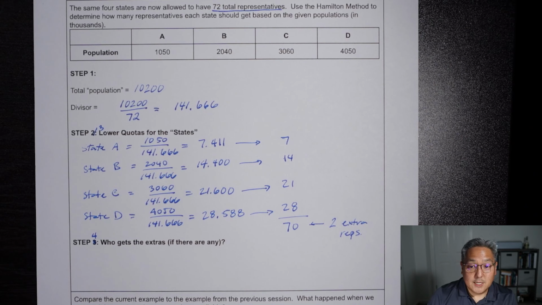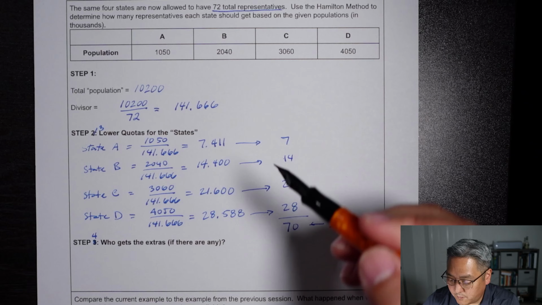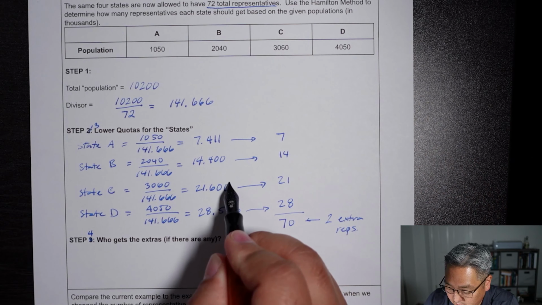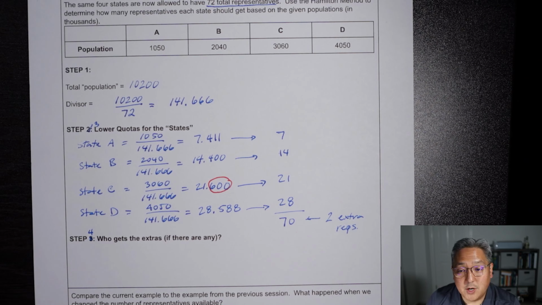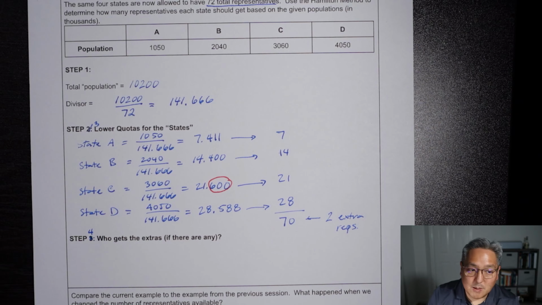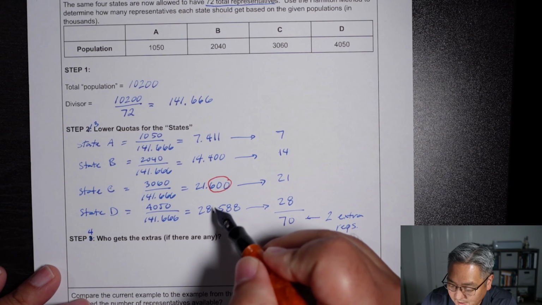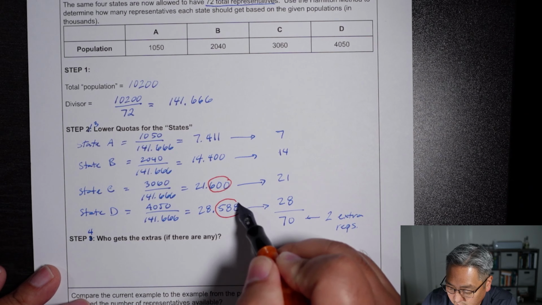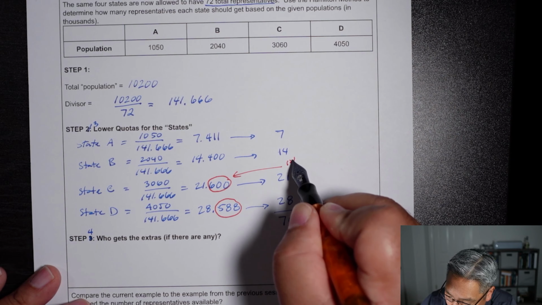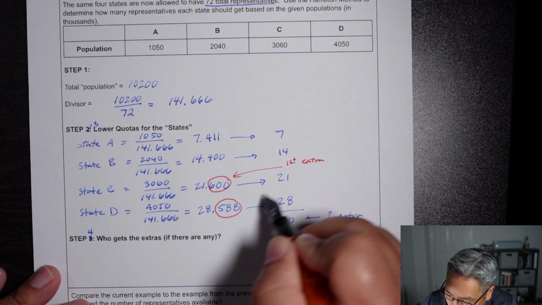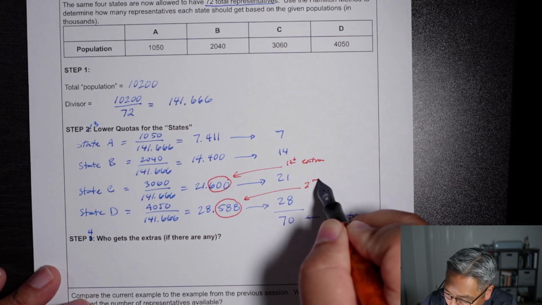How do we determine who gets those extra reps? We go to the decimal parts of our original quotas and look for the highest decimal part. Here's a .600, which means state C gets an extra rep, but we don't ever give all the reps to one place. We go down the list to the next highest decimal part, which is state D. So there's our first extra, and there's our second extra.